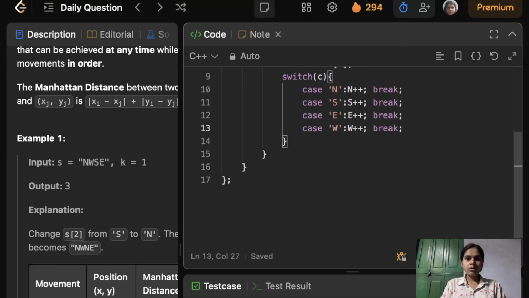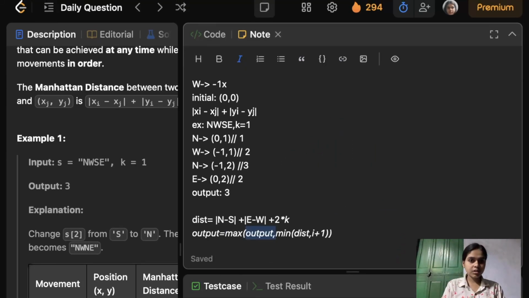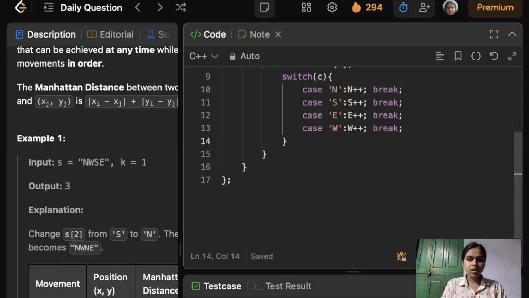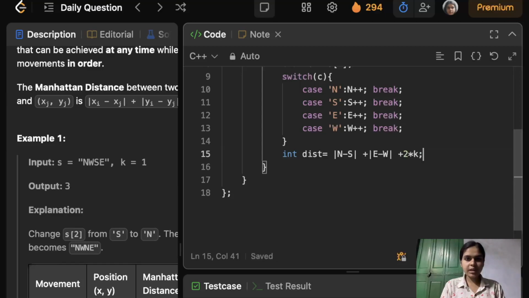Okay, so how are we going to calculate this distance? Let's see. We have created this formula, the Manhattan distance formula, to calculate the distance. So it will be similarly an int dist. Let's copy that only. It will be the calculation of the Manhattan distance, with the absolute value, because we are taking the mod.